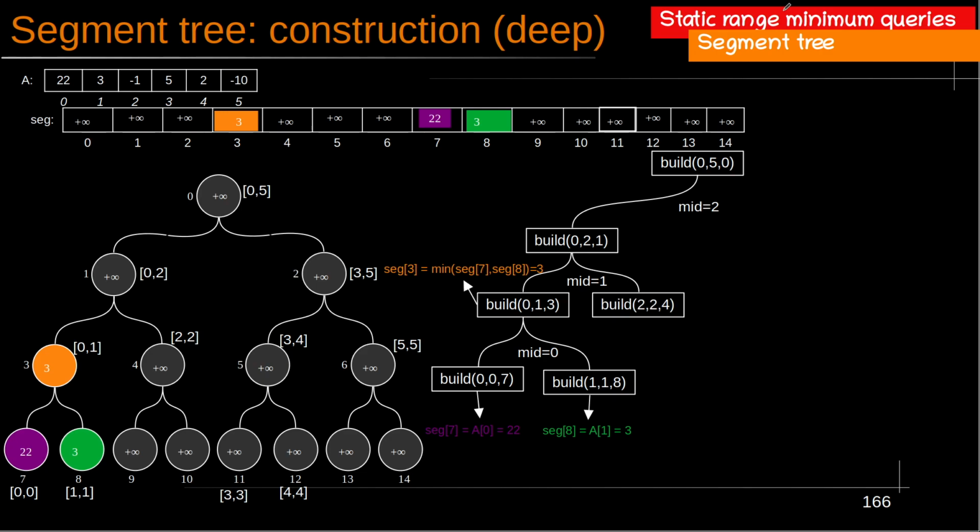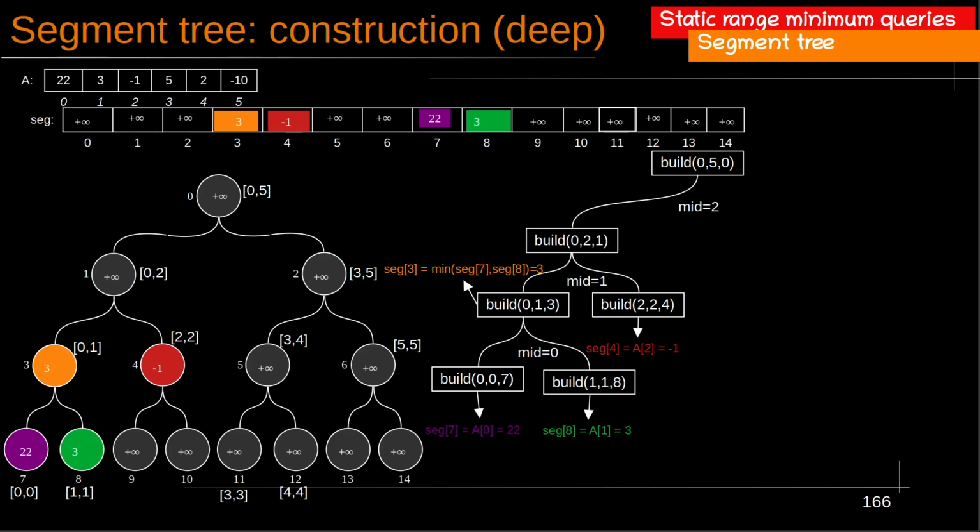We go to the right side. So the range from 2 to 2 will be at position 4 in the segment tree. So seg 4 is equal to A2, which is -1.